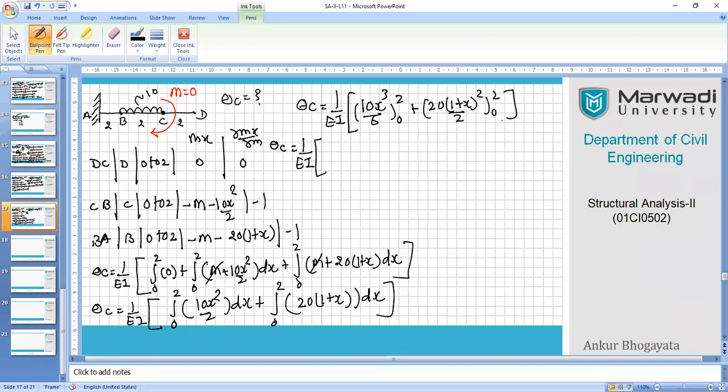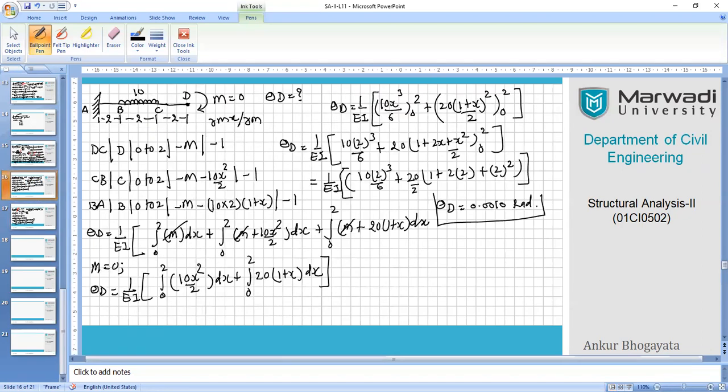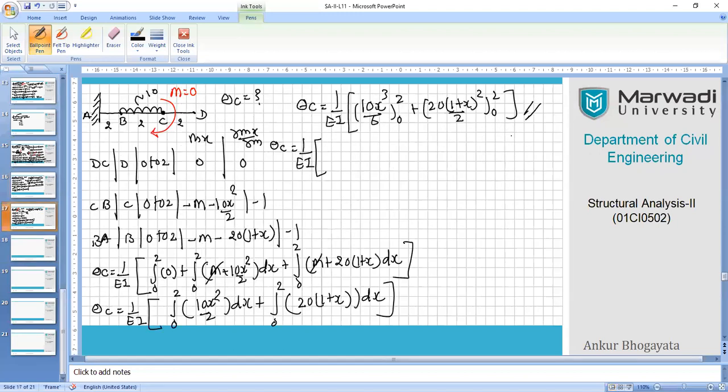So now can you compare this value with one of your previous equations here? Isn't it the same? Surprising, right? See, it is the same for theta D, and now for theta C it is the same.